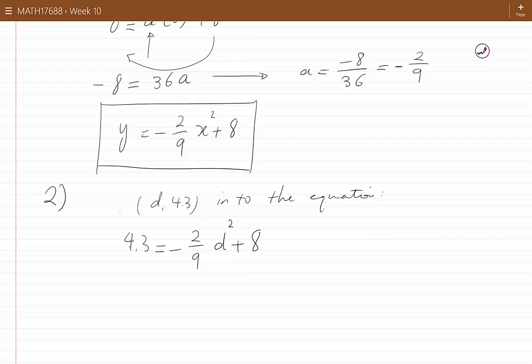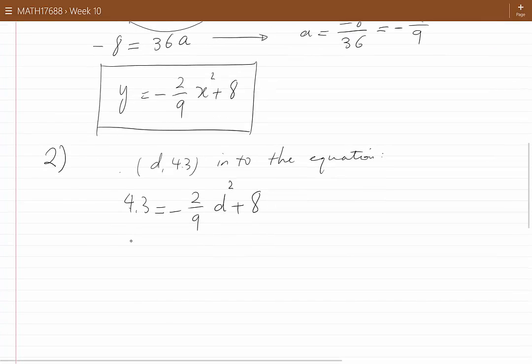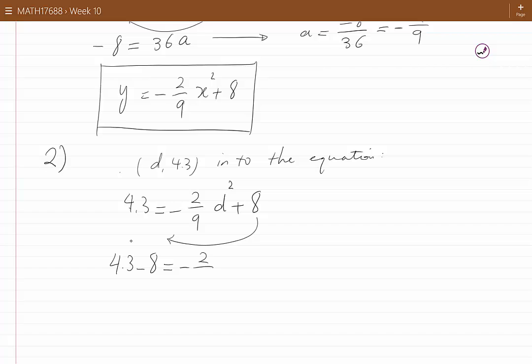We can solve this equation for d. Move 8 to the other side of the equation to get 4.3 minus 8 is equal to minus 2 over 9 d squared. 4.3 minus 8 is minus 3.7, which is equal to minus 2 over 9 d squared.